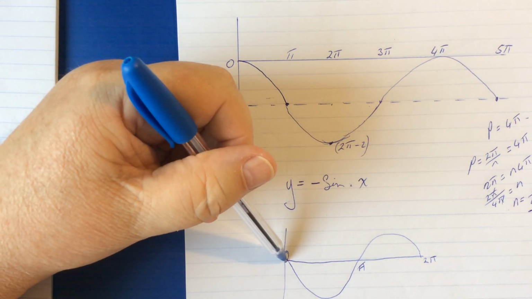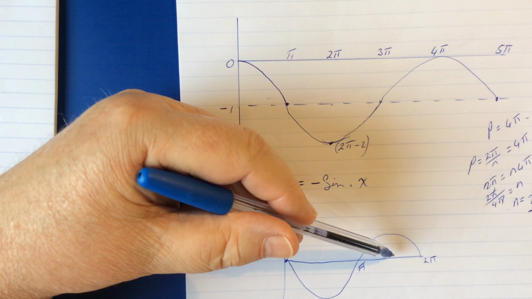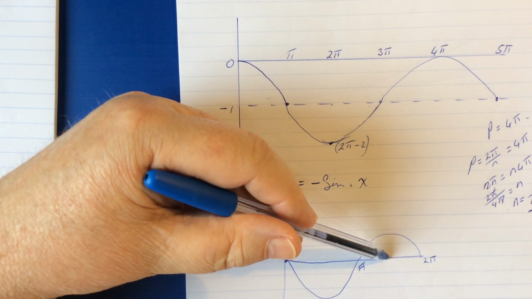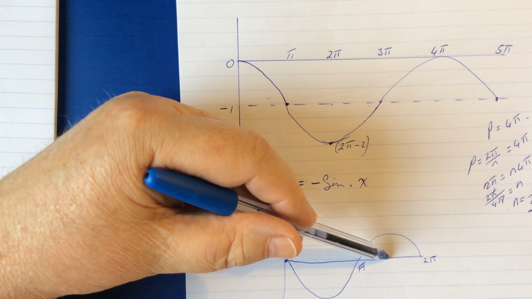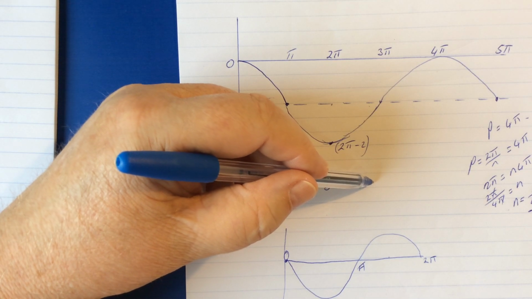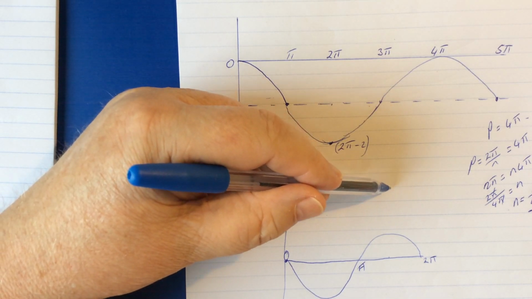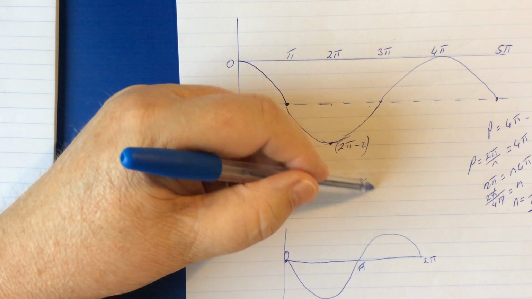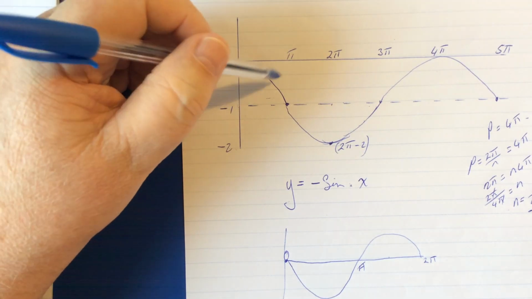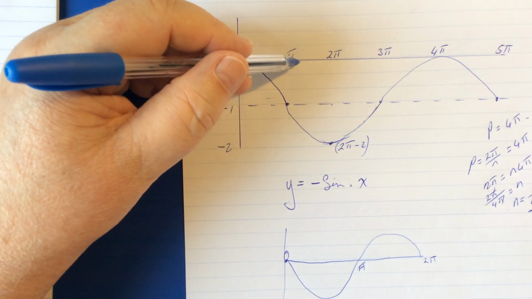Now, if I want to move this to the right, all I have to do is put a negative sign here and some measurement in radians here. Now we know here that this thing moves pi radians to the right.